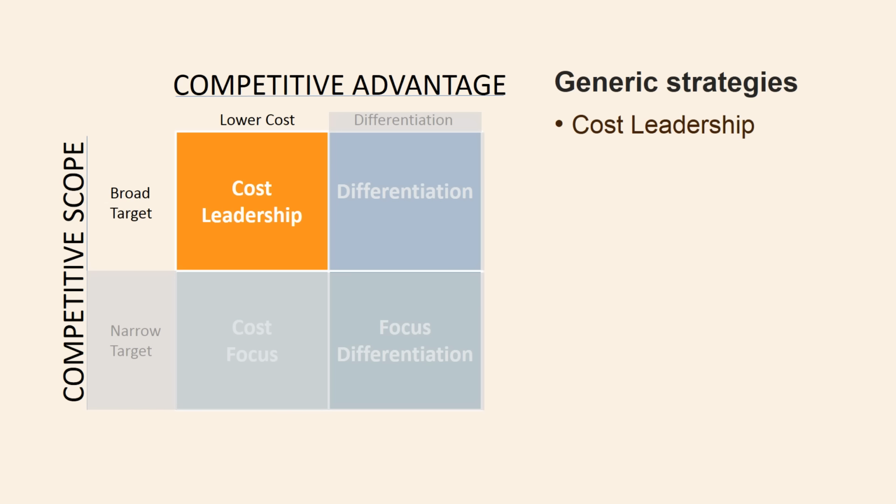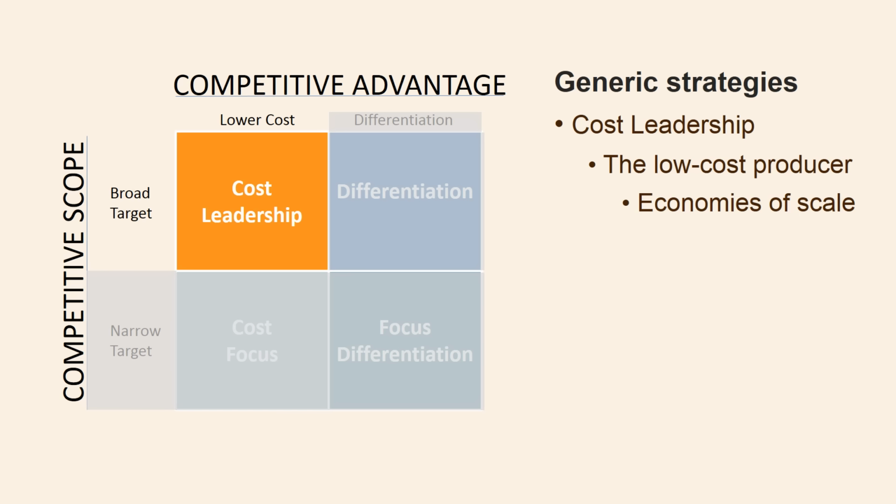The first is cost leadership, which is perhaps the clearest of the generic strategies. In it, a firm sets out to become the low-cost producer in its industry, also called the cost leader. This can be achieved by economies of scale, where low-cost producers sell a standard product to a broad target of the industry customers.